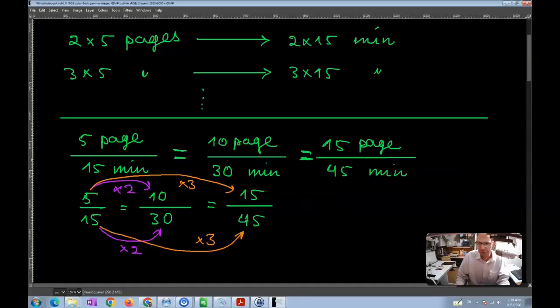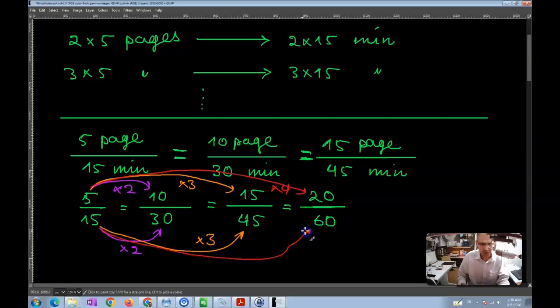By the same logic, I could say that 5 times 4 is equal to 20, and 15 times 4 is equal to 60. Which means you would read 20 pages in 60 minutes. And you can just keep going with that, right?